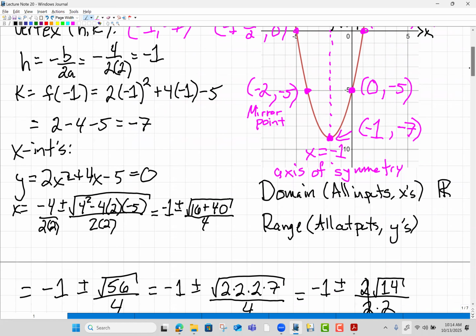So the range here is -7 up to infinity with a square bracket, because -7 is a number that comes out of the function. If you plug in the right x, you get -7. Since this is the lowest it goes, -7 would be called its minimum value.